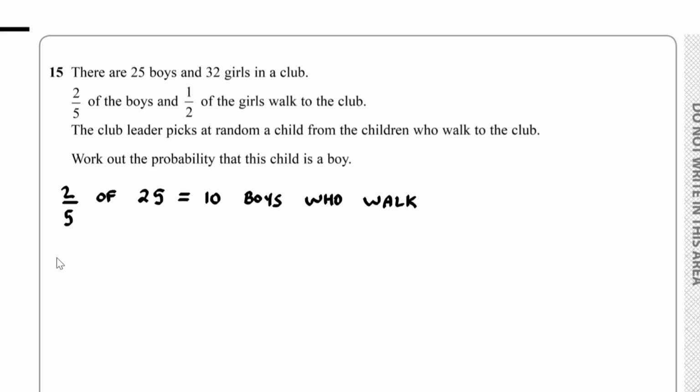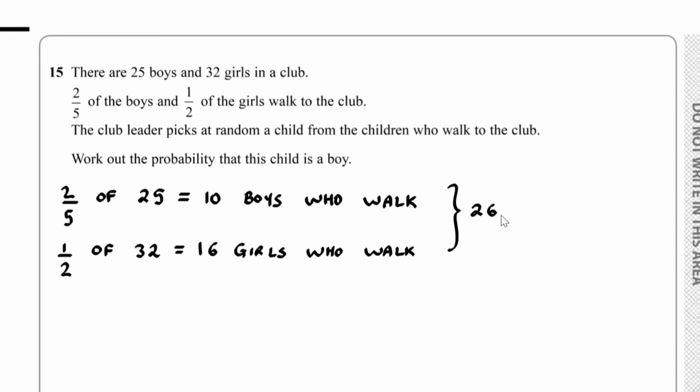So we've got 10 boys who walk, and then we've got 1/2 of 32, which is 16. So we've got 16 girls who walk. And what we can see from here then is 10 plus 16, that is 26. So we've got 26 children who walk.